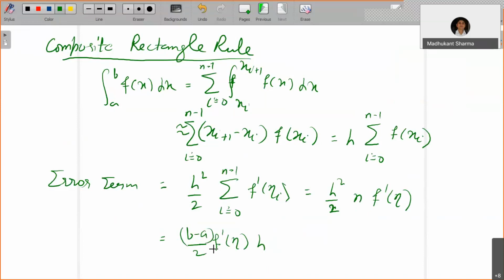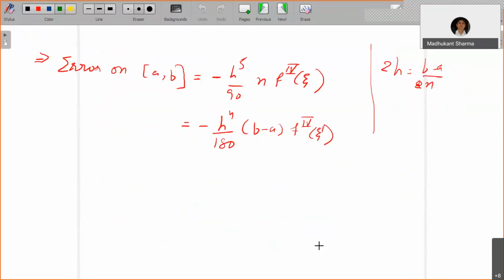Now, if you look back, whenever you talk about composite rules, you have reduced the power of h by 1. Earlier the basic one was h square; here we are reducing it to h. Similarly for Simpson's rule, earlier for the basic one it was h to the power 5, but now it reduces to h to the power 4.